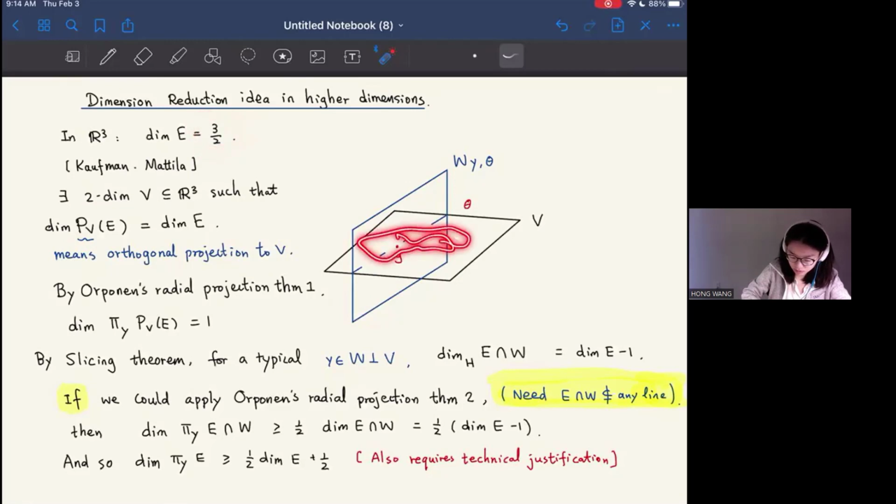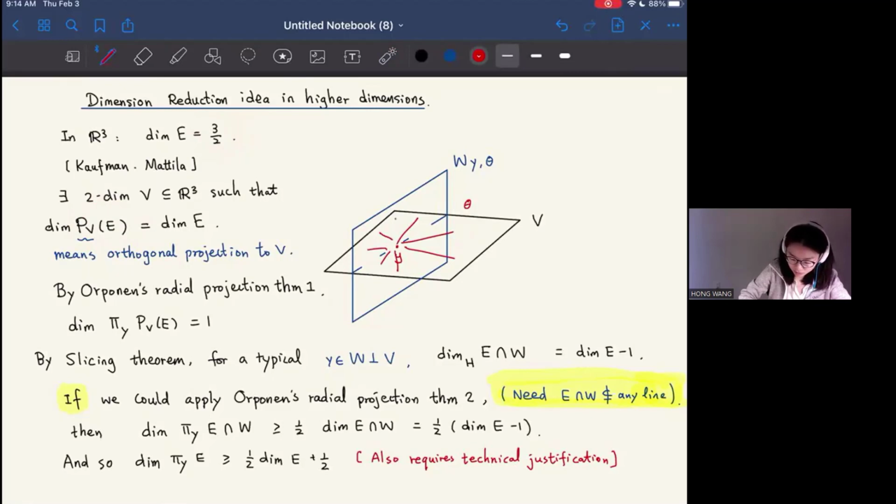And we study the radial projection of this set, P_V E. Now, by Orponen's first radial projection theorem, we know that there exists a Y such that the radial projection will have dimension 1. That means we have a lot of directions from Y.